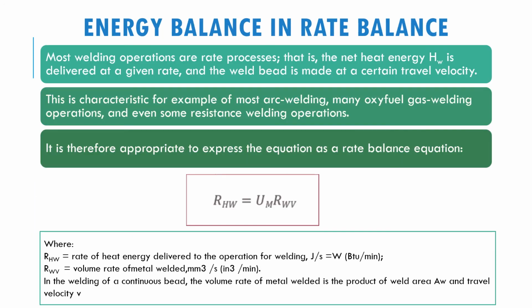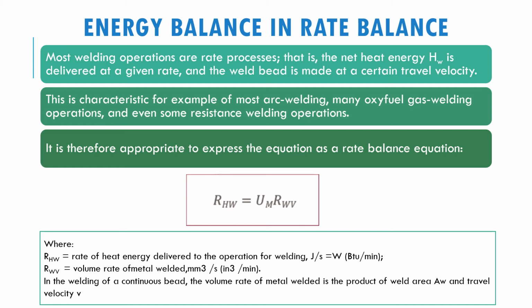Most welding operations are rate processes instead of just a process of heat itself. So the net heat energy is delivered at a given rate, and the weld bead is made at a certain travel velocity.